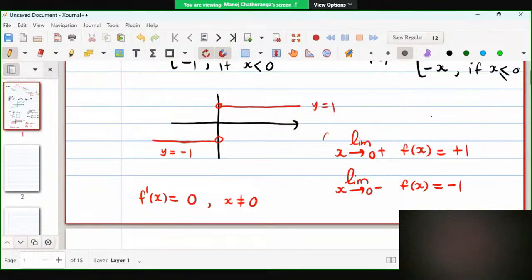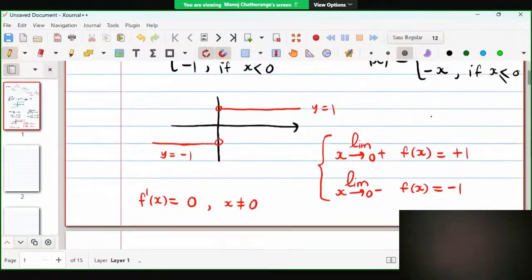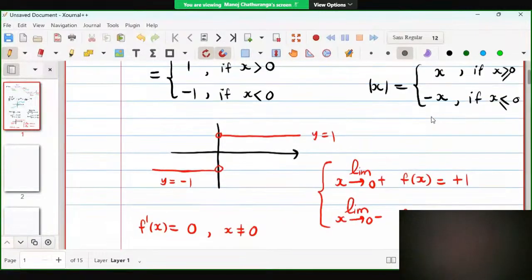So these two are different. Because of that, it has no two-sided limit, so the function is not continuous at 0. Do you have any questions?